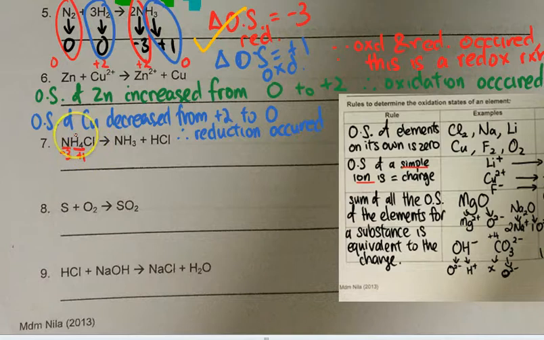Chlorine is an element in the compound, so oxidation state minus 1. Same thing, this one will be a minus 3, hydrogen plus 1, because these are elements in a compound. Chlorine in a compound, so this is a minus 1. So in this case you realize none of them change. How do I write the answer?